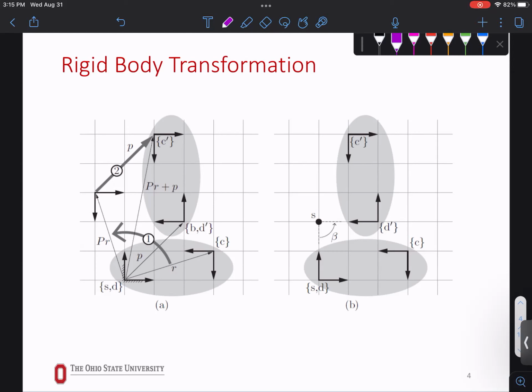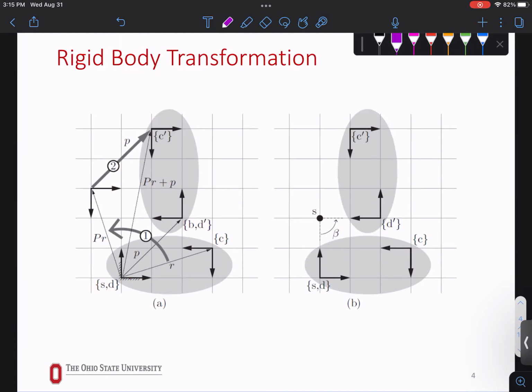So, if this object A rotated and then, let's say from here, it went here, you can say this was a translation, right? So along X and Y, and then there's also a rotation that is happening here.